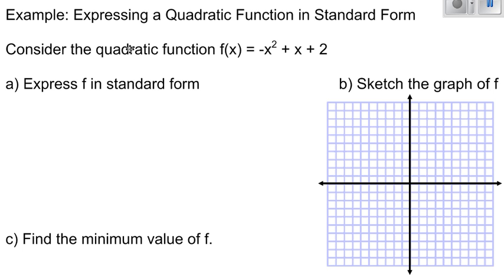Almost the same equation here. Now we have negative x squared plus x plus 2. So again, let's factor out the thing in front of the x squared, and separate the 2.